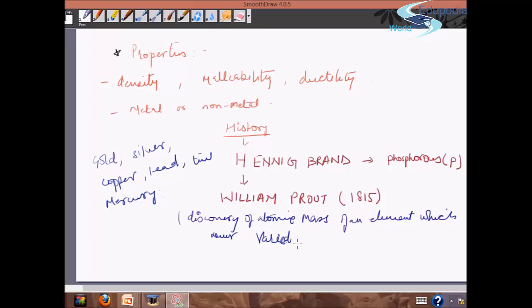Now, as we have the atomic mass which never varies, between 1817 and 1829 we have Johann Dobereiner, who began to group elements with similar properties into groups of three, or call it triads, right?